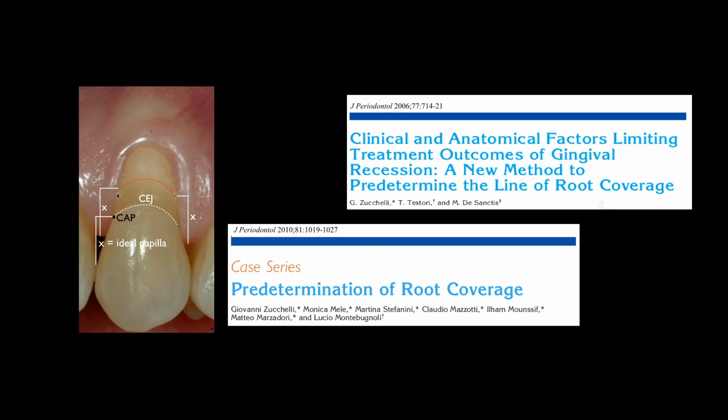And this line should be shown to the restorative dentist, who has to follow it with a 0.5 round diamond bur in order to create a small chamfer along the root surface that creates good conditions for the adhesion of the composite restoration.